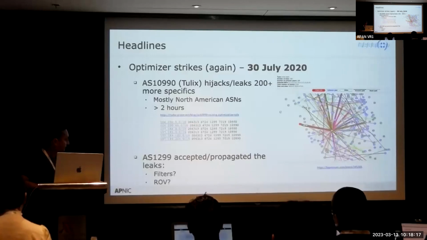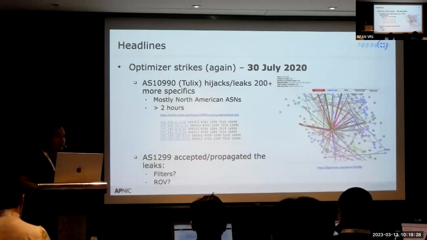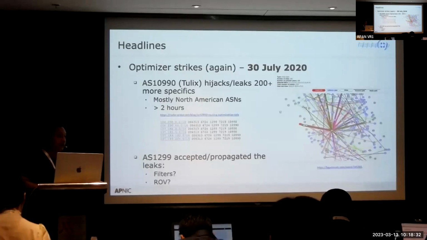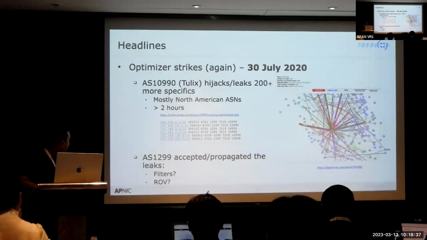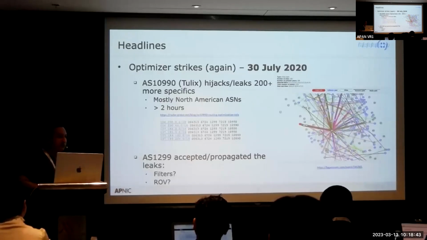And again, there is 1299, that's Telia, one of the largest providers on the internet, right? So they are a tier 1 carrier, and they actually propagated those routes and amplified the amount of hijack on the internet, right? So basically they have to reach out everywhere, Telia, because they are one of the largest providers on the internet, right? So yeah, one of the things is that even large providers were not doing filtering and route origin validation at that time.